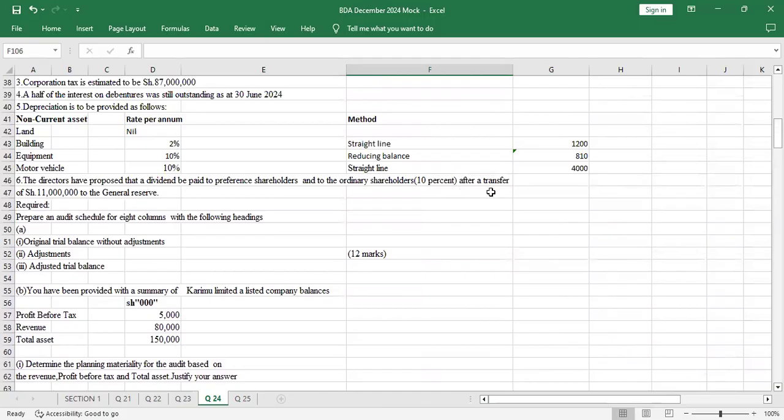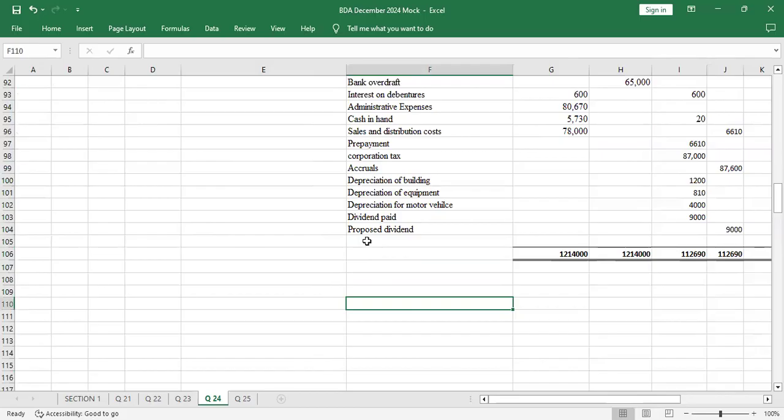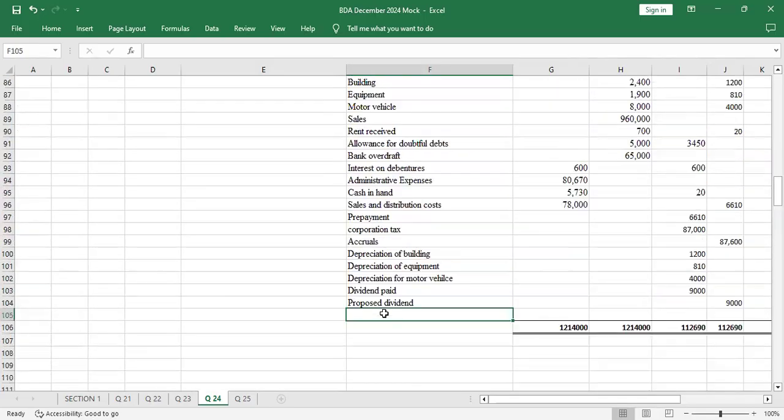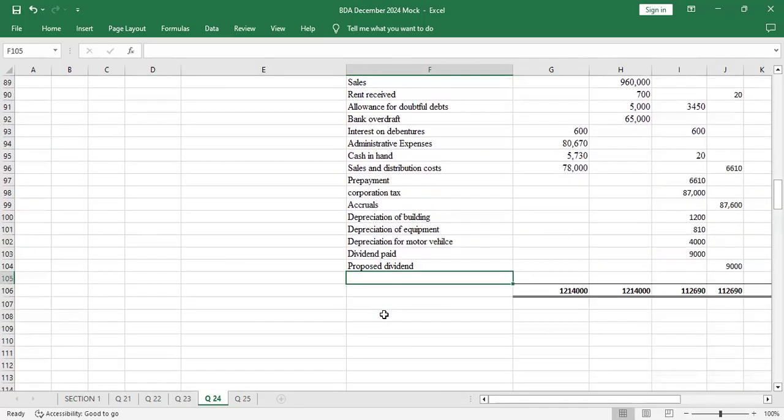Then there was this, after transfer of shillings 11 million to the general reserve. So I'll just come here. We have a general reserve account up there. For the first entry, we'll have the appropriation account, because this money was coming from the appropriation account, the money that we transfer into the general reserve.